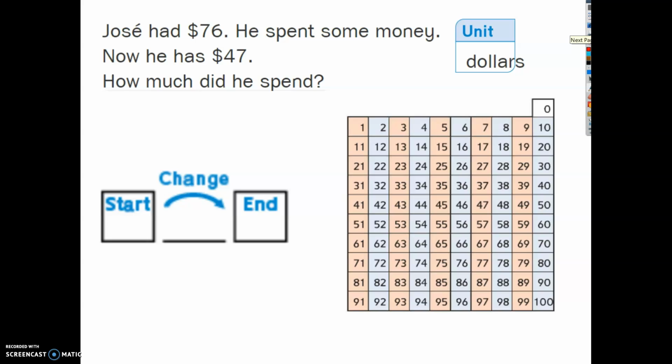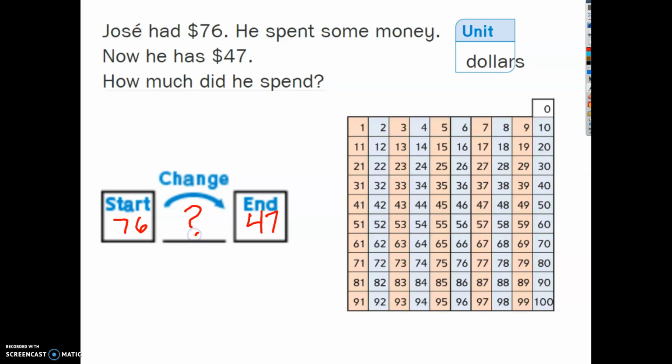Here's another problem. Jose had $76. He spent some money. Now he has $47. How much did he spend? Well, I'm going to use my start, change, end because I know what I started with, 76. And I changed it because I spent some. Not me, Jose. And now he's ending up with 47.